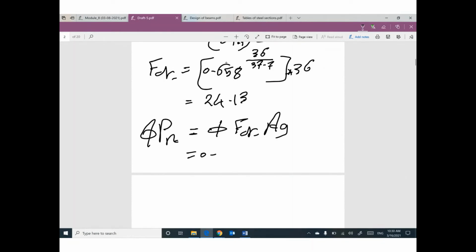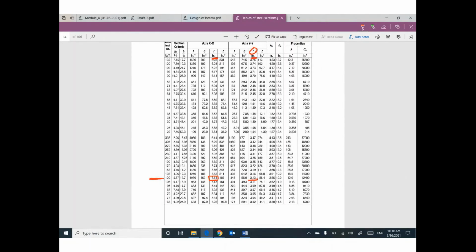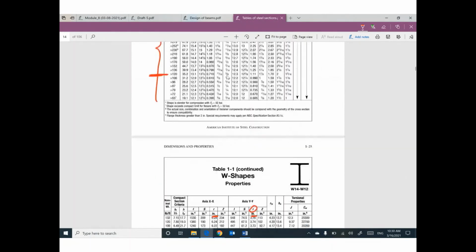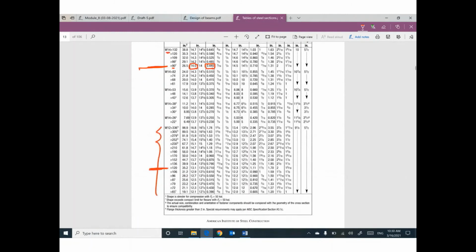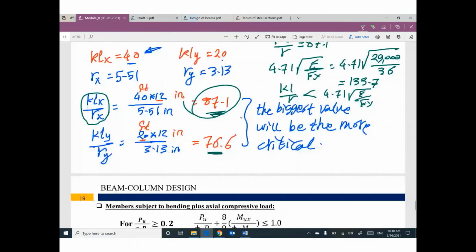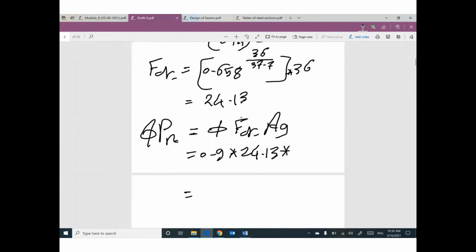Phi is 0.9, F critical 24.13. Area gross, I forgot something. The cross section that you assumed has area gross equal 35.2. So the final answer will be 764.4 kip.